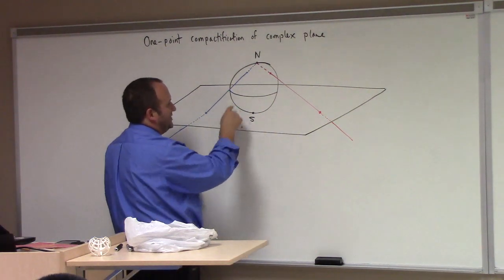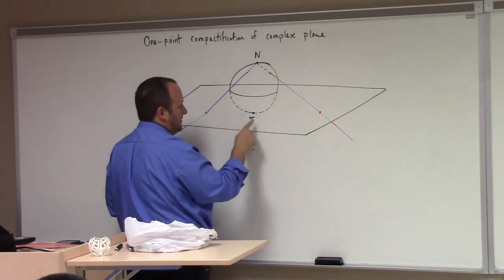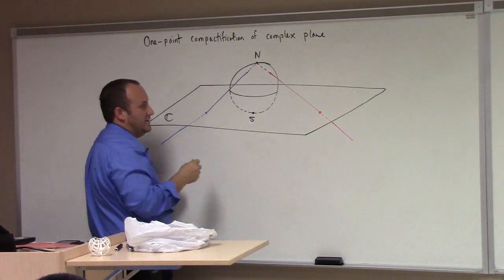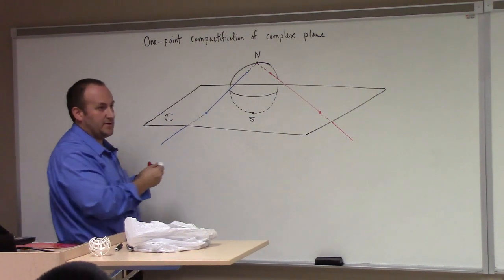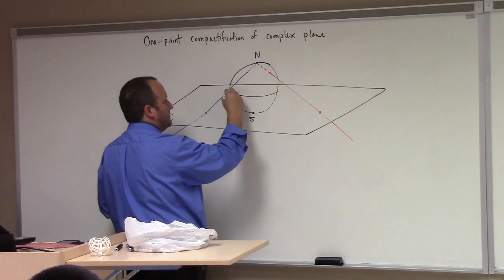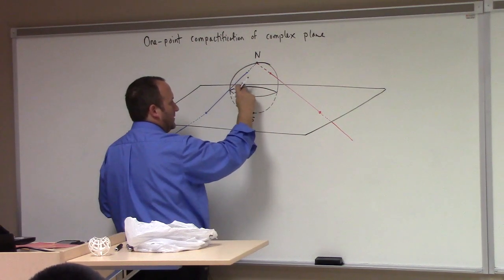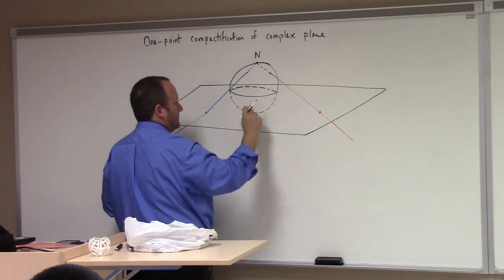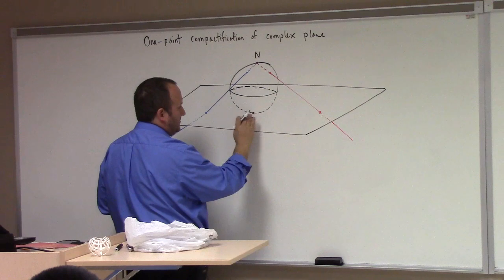Not that I'd really know, but let's put the south half of the sphere under the complex plane, and I think I'd rather have the equator on the complex plane. So the south pole would no longer be on the complex plane.